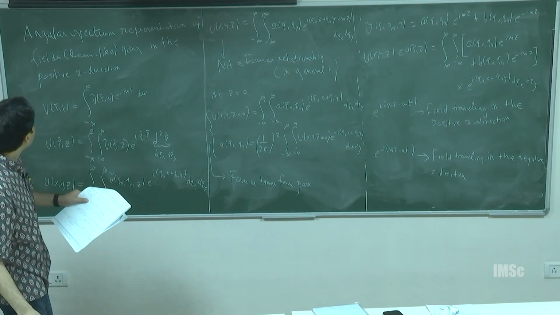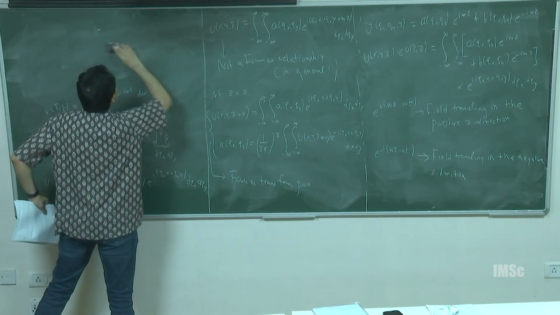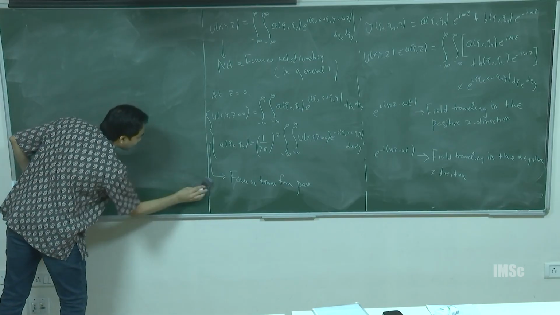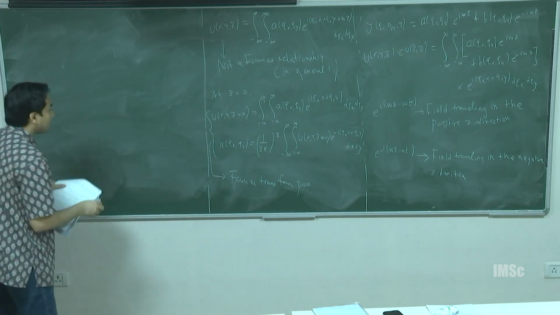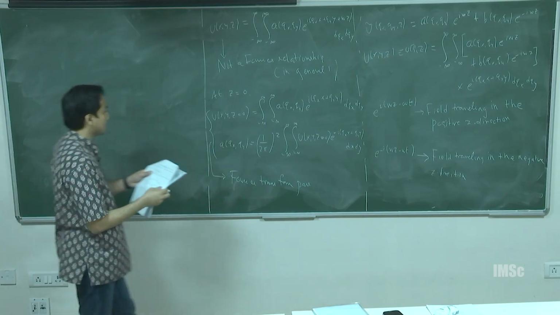Now, we'll stop in a couple of minutes. The rest will continue on Friday, but one important point that I wish to make is that this A of qx, qy is called the angular spectrum representation of the field propagating in the positive z direction.